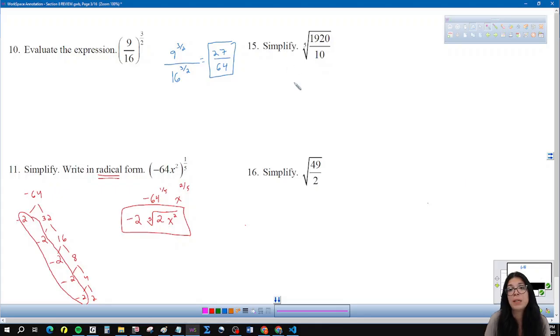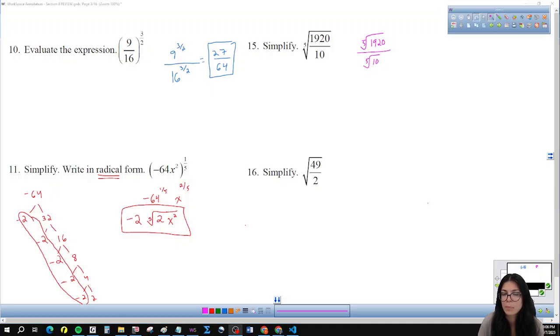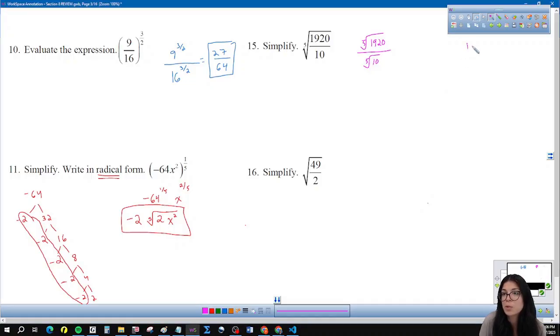All right, for number 15, we have the 5th root of 1920 over 10. So we're going to go ahead and split up the 5th root of 1920 over the 5th root of 10. So we can apply the same strategy to simplify 1920.